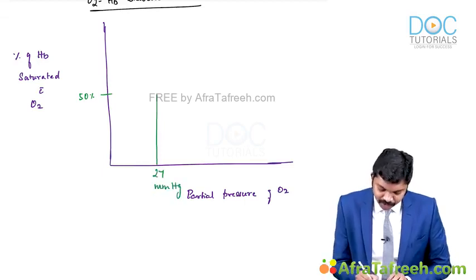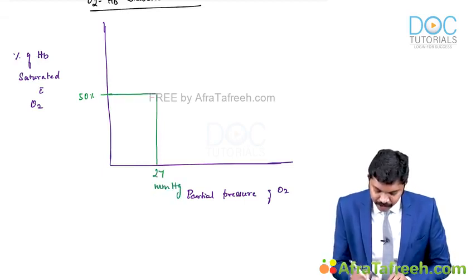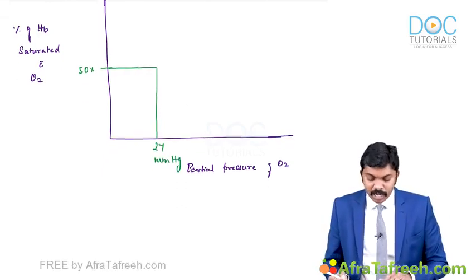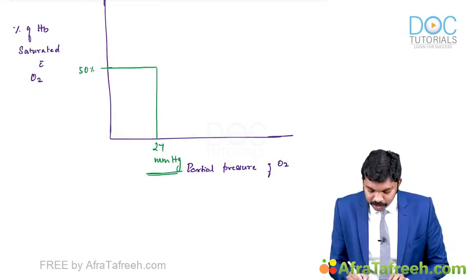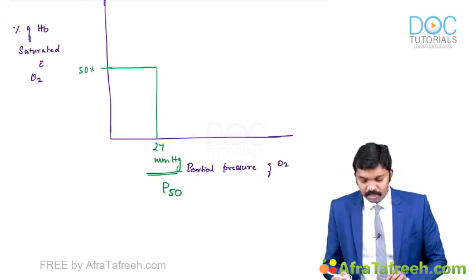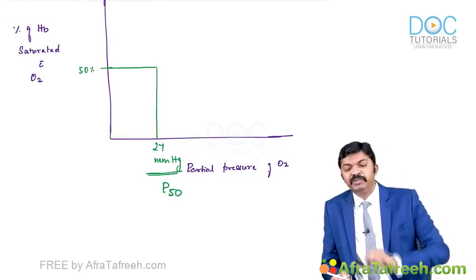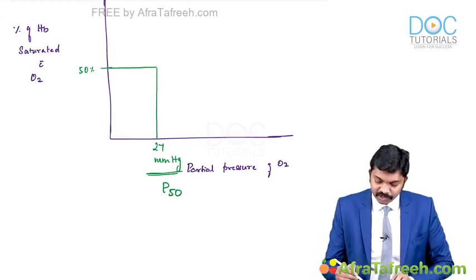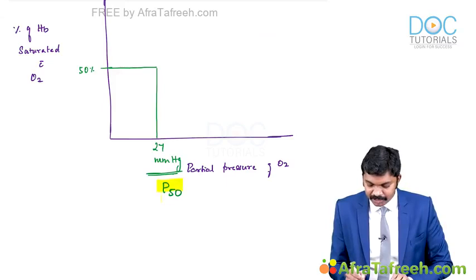Now this partial pressure is called P50, the partial pressure at which 50% of hemoglobin is saturated. In normal physiological limits, P50 is 27 millimeters of mercury.